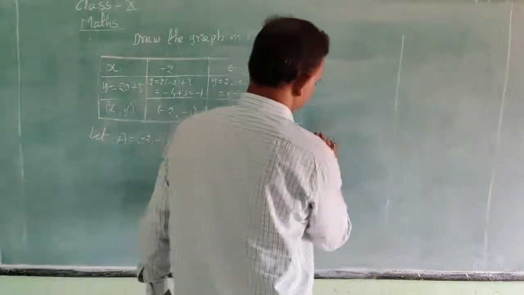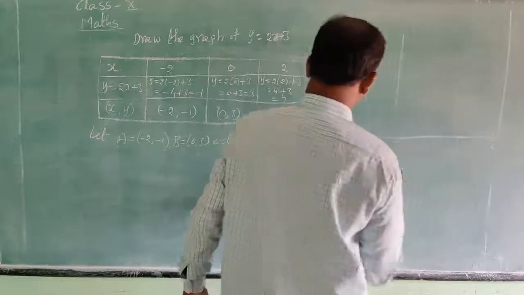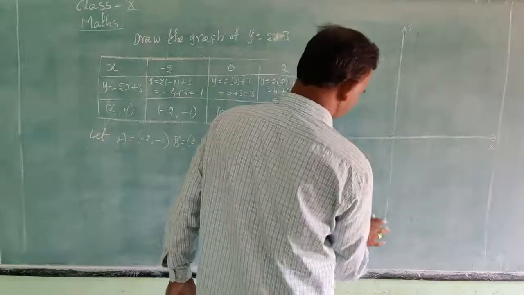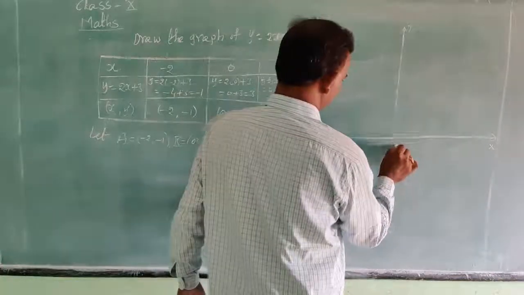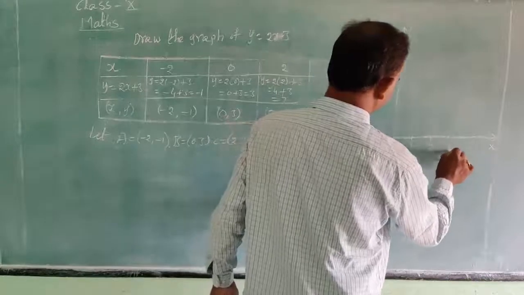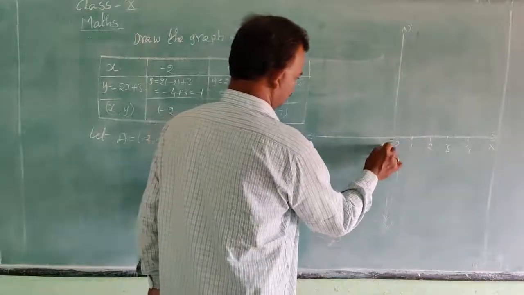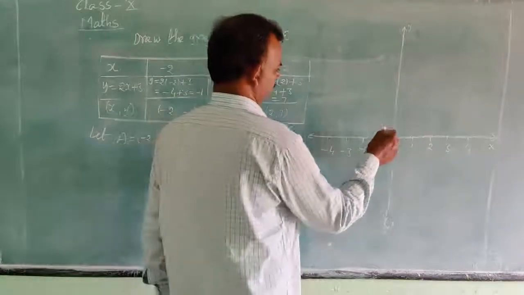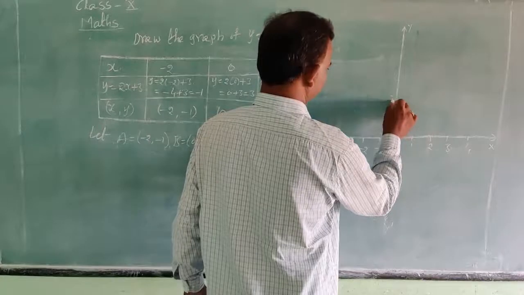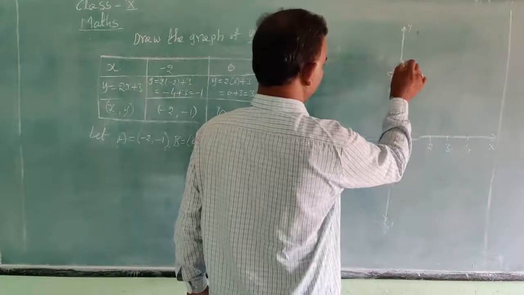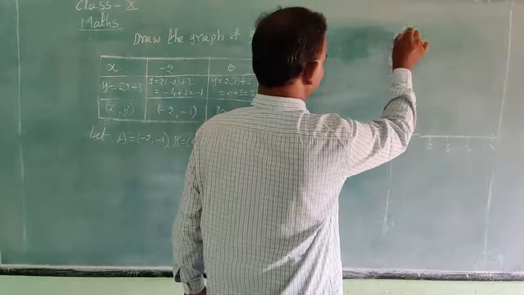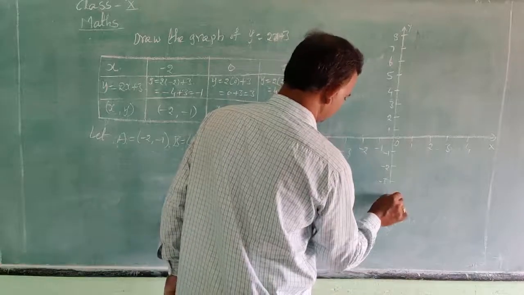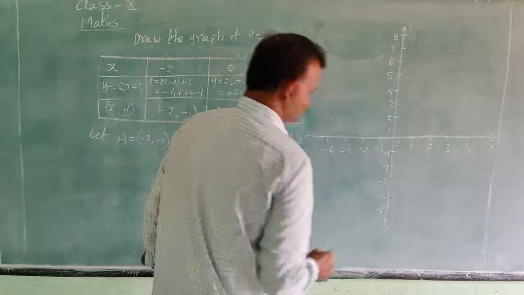We are drawing x-axis and y-axis, x dash, y dash, with the numbers marked along each axis, positive and negative.